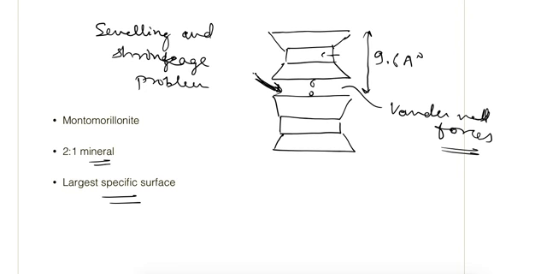So a large quantity of water can enter into this space, and volume change will take place in this case. An example of the montmorillonite mineral is that it is found in black cotton soil.